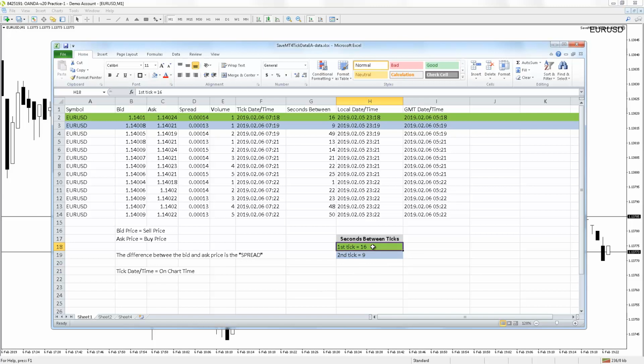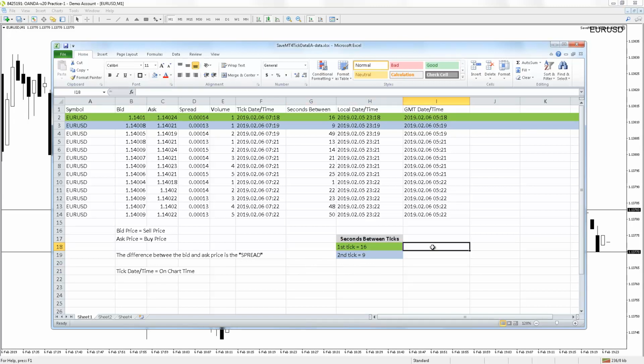Okay, so this is a little tricky because 60 seconds equals 1 minute. That's the obvious, but it's important to understand. So the first tick, actually let's put that down here as a note, frame of reference. The first tick, we go up here and the time is 7:18.